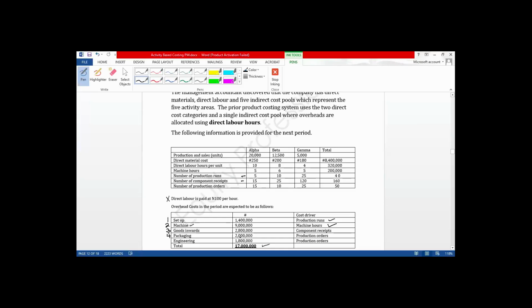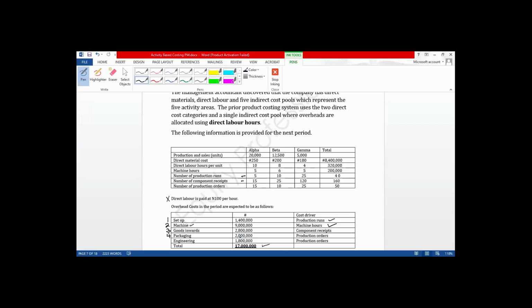Total packaging overhead is 2 million. The cost driver is production orders.